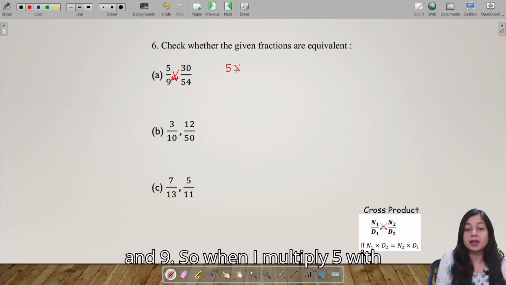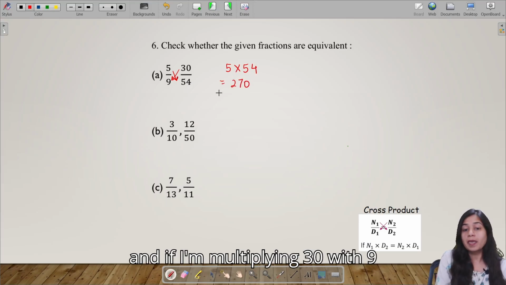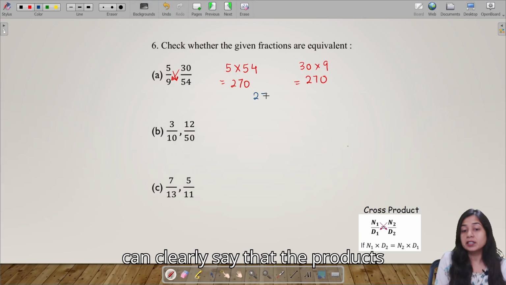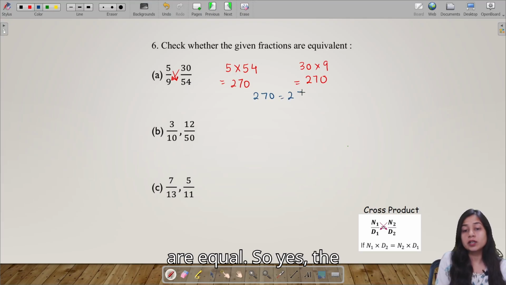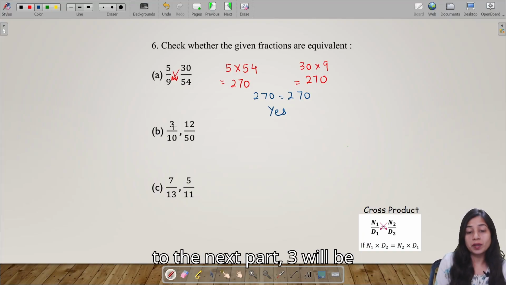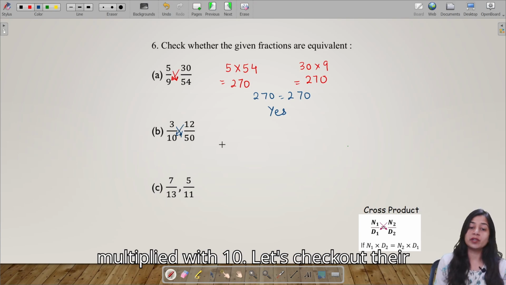When I multiply 5 with 54, I am getting 270. And if I multiply 30 with 9, again I'm getting 270. So here we can clearly say that the products are equal. So yes, the fractions are equivalent. Moving ahead to the next part, 3 will be multiplied with 50, 12 will be multiplied with 10.